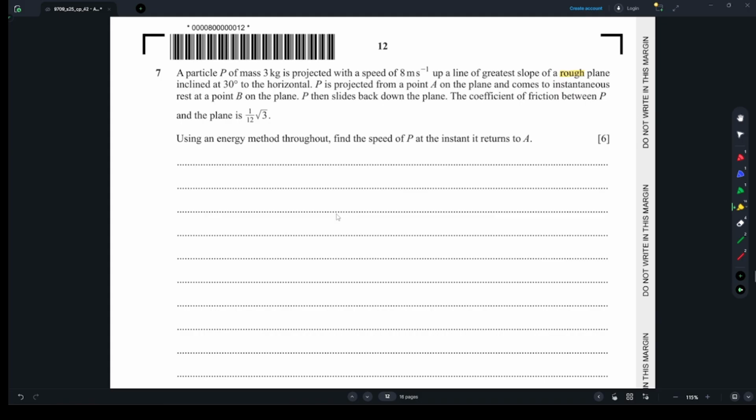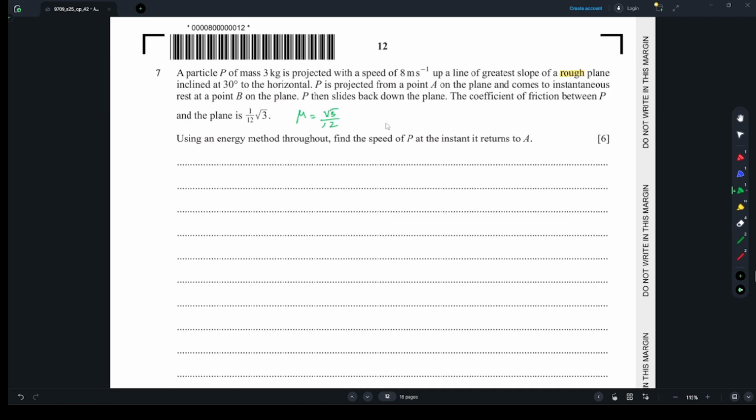P is projected from point A on the plane and comes to instantaneous rest at point B on the plane. P then slides back down the plane. The coefficient of friction between P and the plane is this one. So they gave you the mu value. So mu is root 3 over 12.